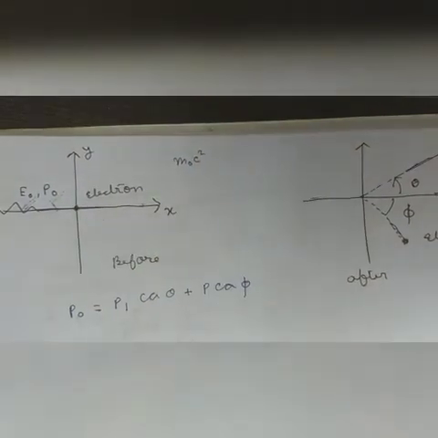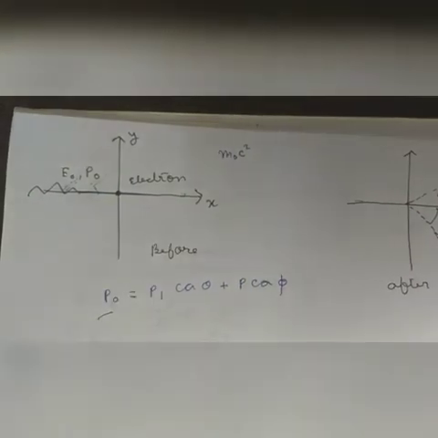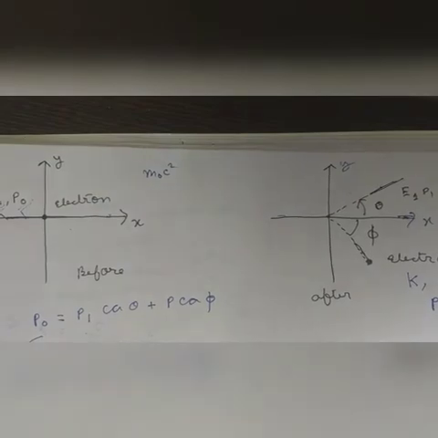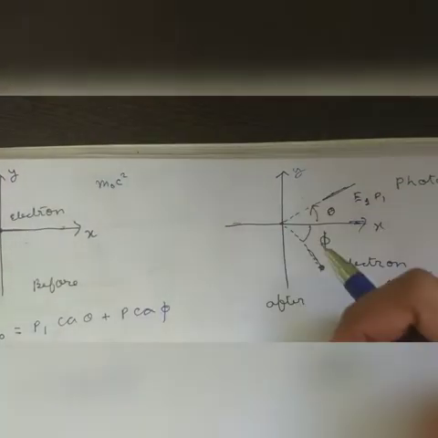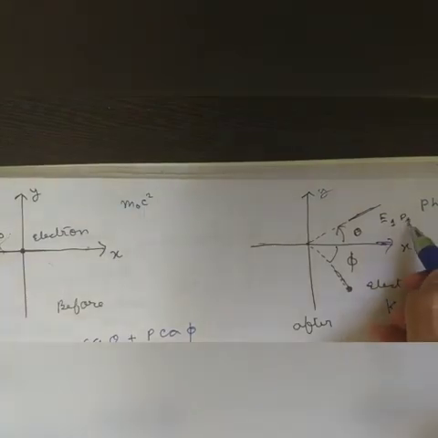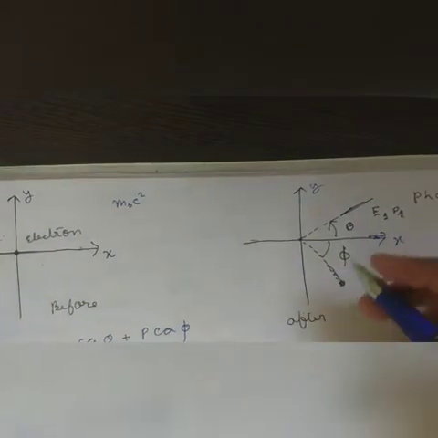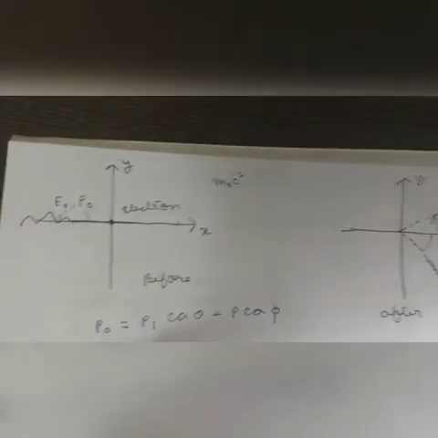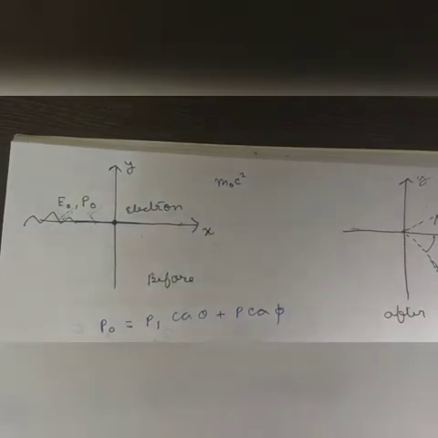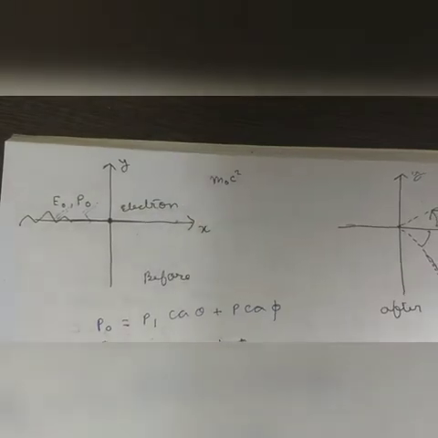And if we apply the law of conservation of momentum in the y-axis, the component of p1 along the y-axis equals the component of p along the y-axis, that is p1 sin theta equals p sin phi.